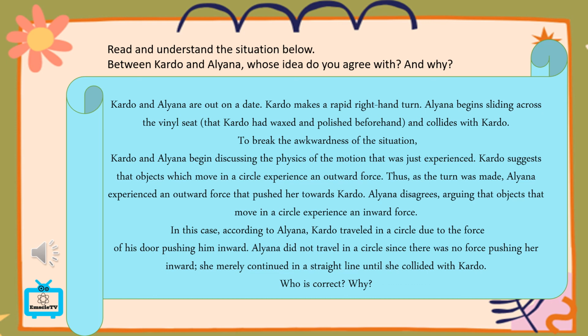Cardo and Aliana are out on a date. Cardo makes a rapid right-hand turn. Aliana begins sliding across the vinyl seat and collides with Cardo. To break the awkwardness of the situation, Cardo and Aliana begin discussing the physics of the motion that was just experienced.